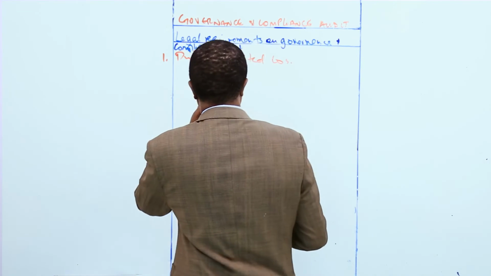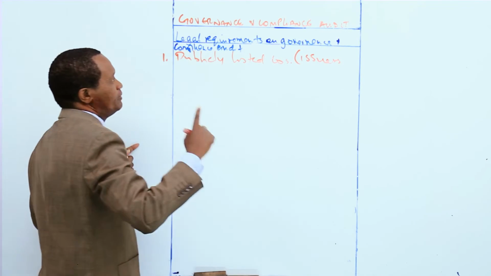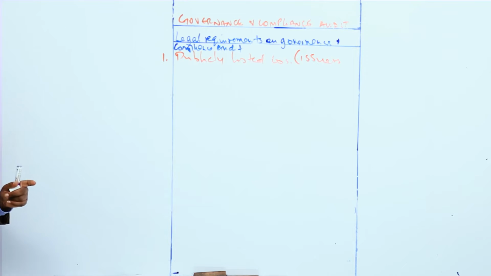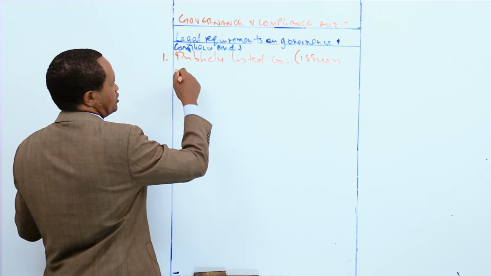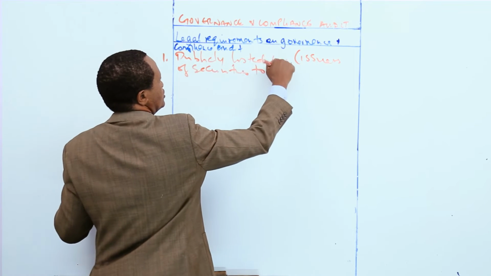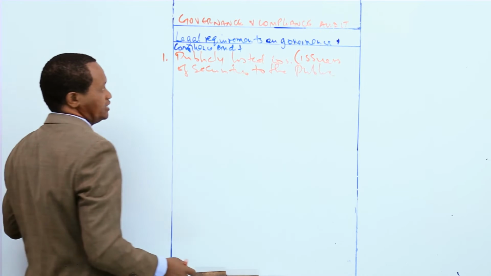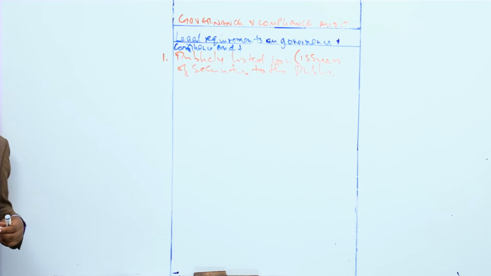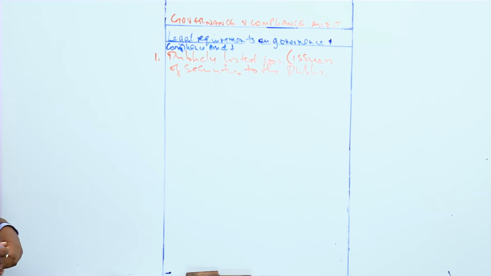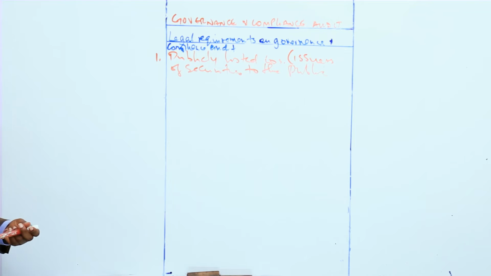I've said that the governing legislation is the Companies Act, the Capital Markets Act and regulations, and the Capital Markets Authority Code of Corporate Governance Practices for Issuers of Securities to the Public. That is 2015, the CMA Code.